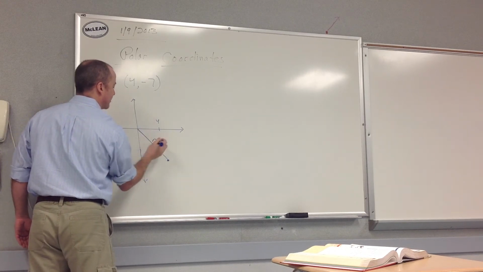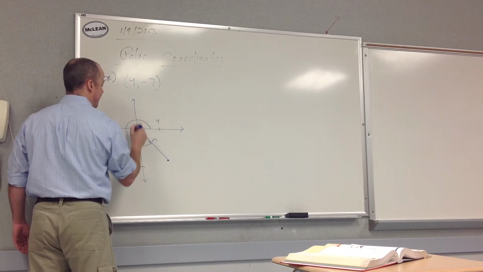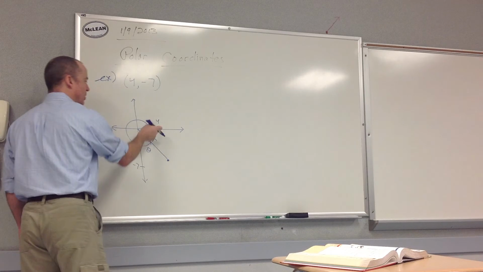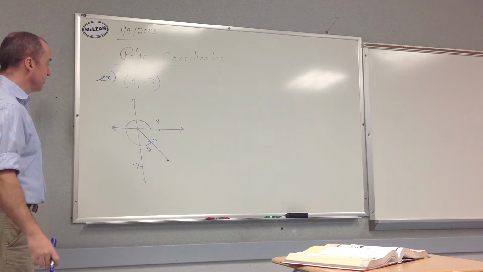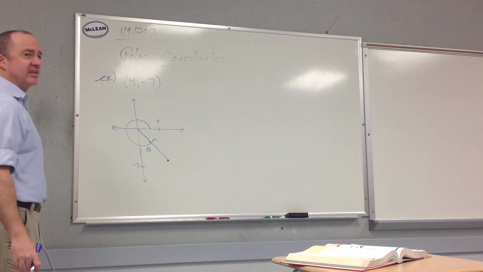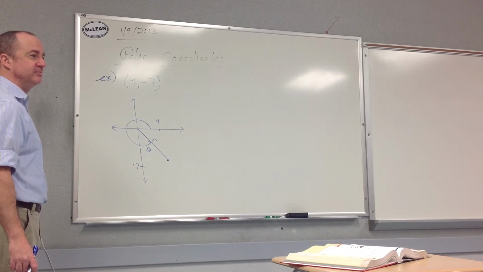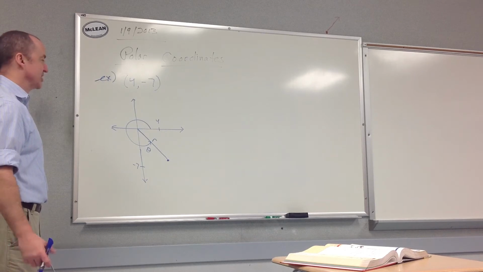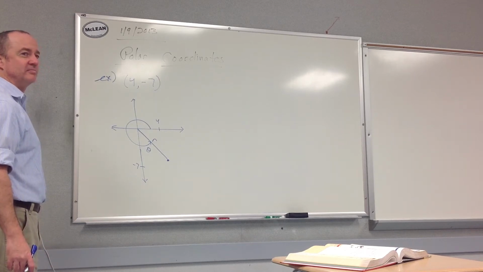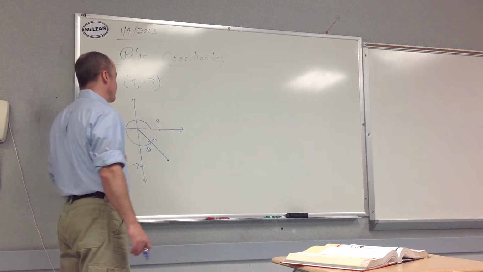We're looking for that radius and that theta, all the way from back here at the positive x-axis. Do you remember 4 and negative 7 being a part of any pattern? No, it's not a Pythagorean triple. It's not a ratio you're supposed to remember from the unit circle.